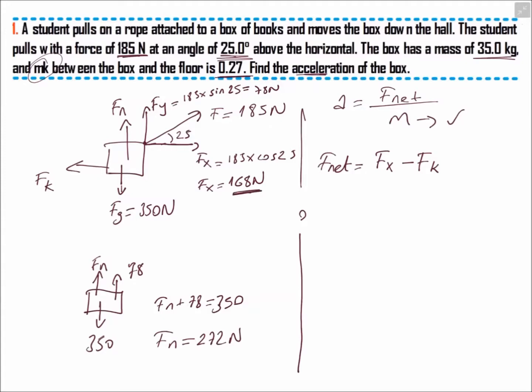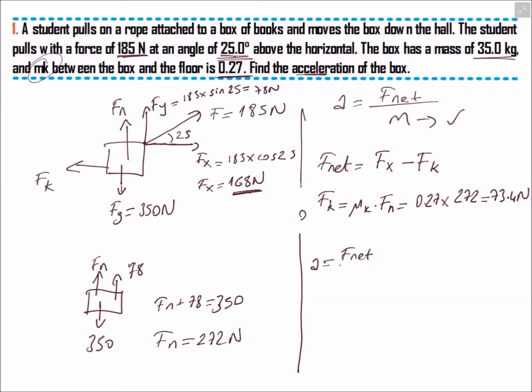So we have to calculate Fk, and Fk equals mu k times Fn. Mu k is given in the question 0.27 times Fn is 272, we can say, and the result will be 73.4 Newton. And to calculate the acceleration, again I will write the formula.